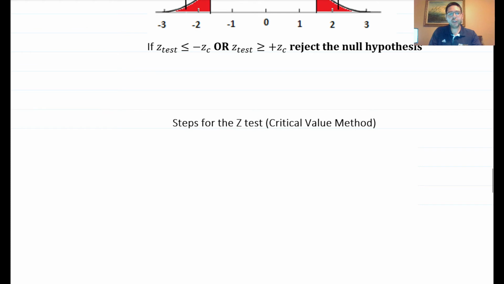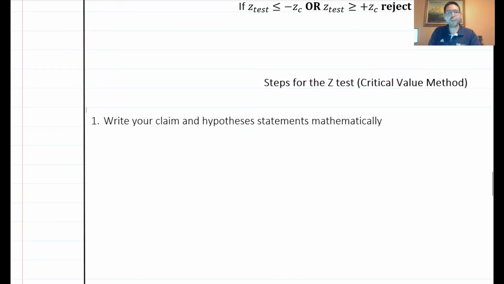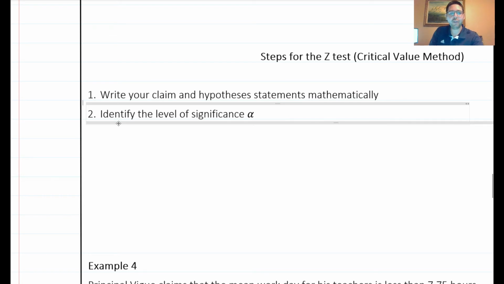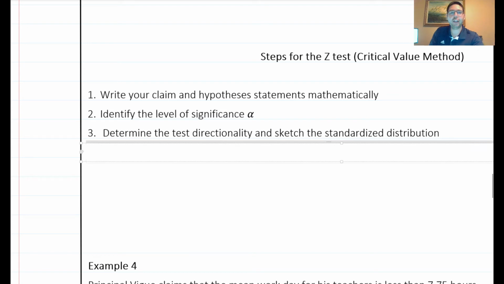So then, what are the steps for the z-test critical value method? Let's go ahead and summarize that. Your first step is to write your claim and hypothesis statements mathematically, which is the normal methodology that we use. Your second step is to identify your level of significance alpha. Again, that's normal. We did that in the other method. Your third step is to determine the test direction and sketch the standard distribution. We did that in the previous lesson.